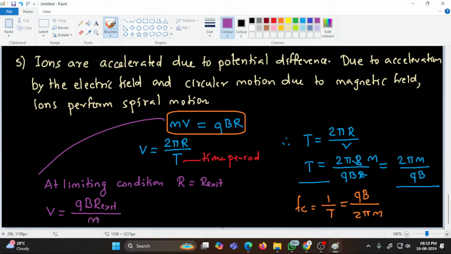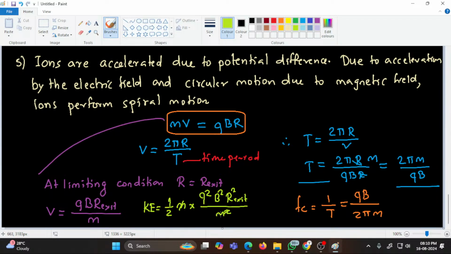Sorry. v is qB r exit divided by m, where r exit is the radius of the path at the exit. The kinetic energy of the ions will be equal to half mv square. So it is half m into q square B square r exit square upon m square.